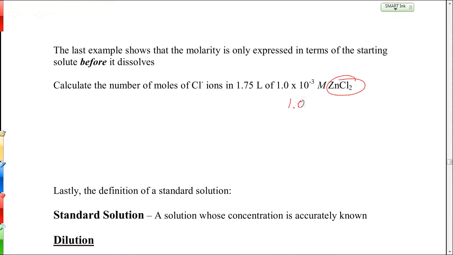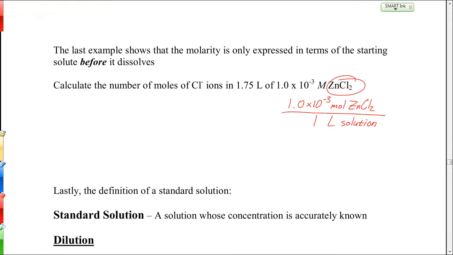What that means is 1.0 times 10 to the minus 3 moles of zinc chloride per 1 liter of solution. So that much zinc chloride per 1 liter of solution.